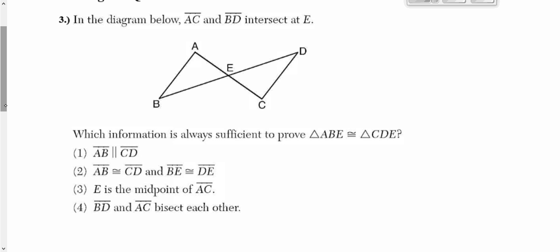All right, so read this over. By the way, before we apply any of this stuff and put it in the diagram, from this diagram, is there something in there that's always going to be congruent, no matter whether they give it to you or not? Right? Vertical angles are always congruent, right? So we can start with that and then apply the other thing to see if it works.